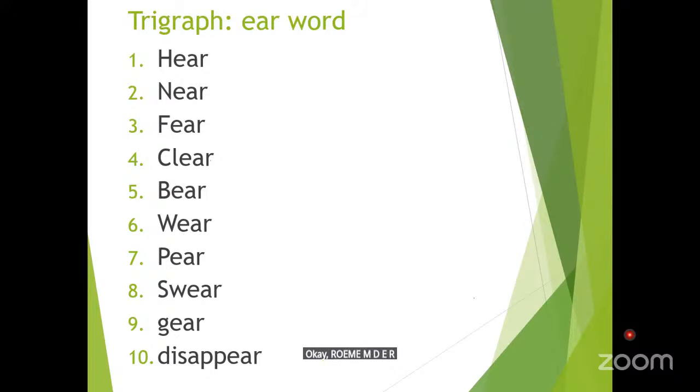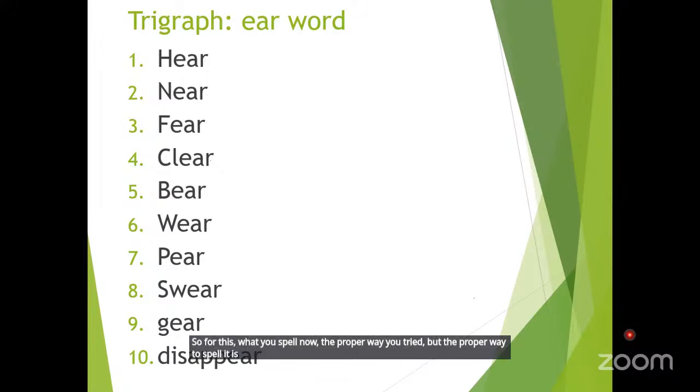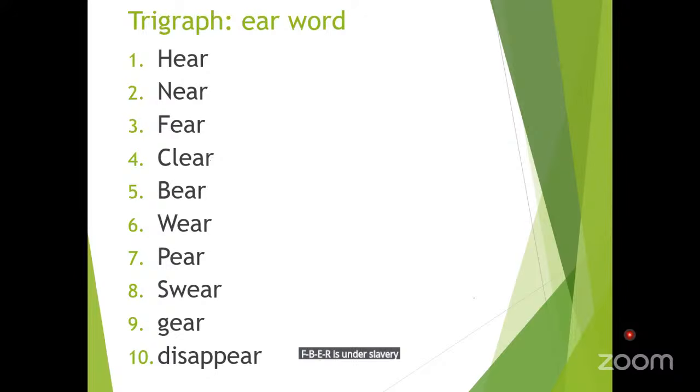Okay. Good. Now, for this word, the proper way to spell is R-E, one syllable. M-E-M is a syllable. Then B-E-R is another syllable. So it's just the tune.